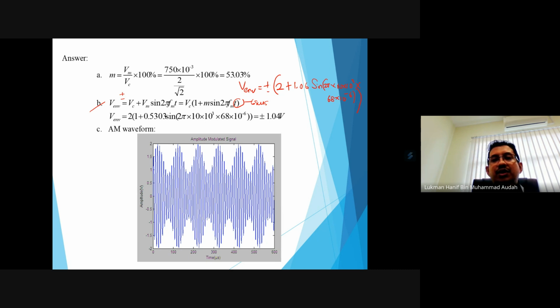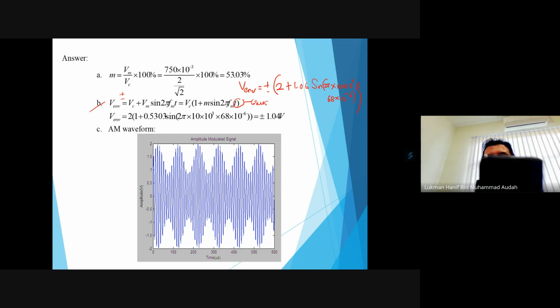I have to solve the sine part first: sine of 2 pi times frequency 10 kilo times the time 68 microseconds. Let's try together. I solve the sine function first, so that it is easier for me to calculate.